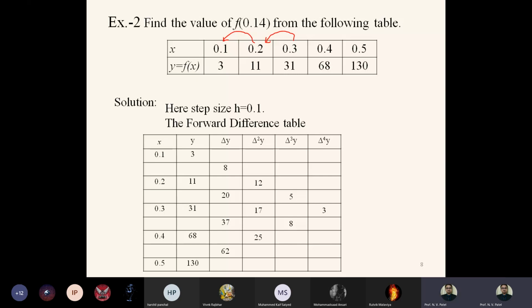So here in Newton's forward interpolation, according to our formula, we require the first value of all these columns. So the first value is y0, that is 3, delta y0 is 8, delta square y0 is 12, delta cube y0 is 5, delta 4 y0 is 3.